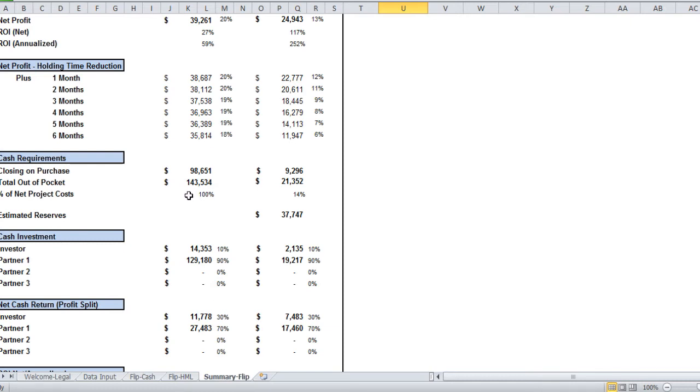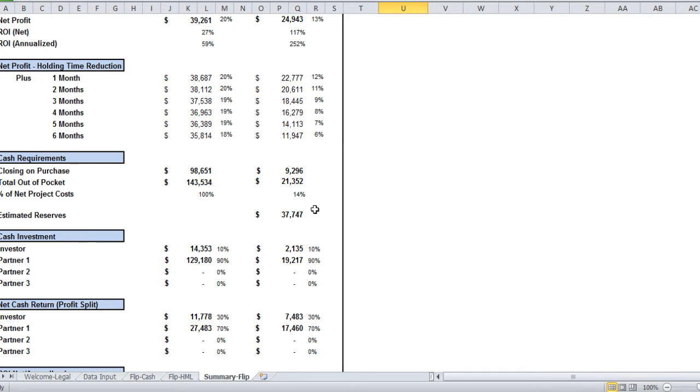One thing to note that is not shown on here is that if you have extended holding time, this number, in both cases, it's going to go up by your monthly holding cost and any other fees that come in to affect that. But going over here under your hard money side, your total out-of-pocket based on the project time frame would be $21,352.